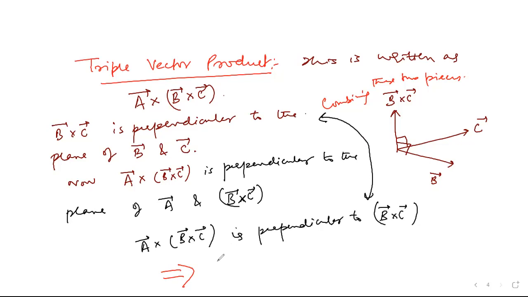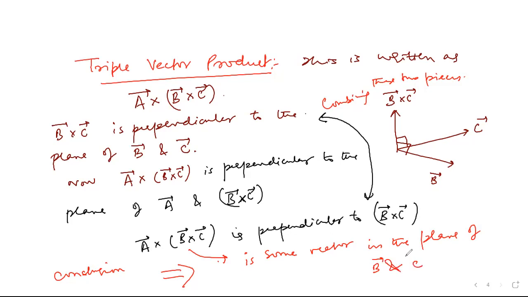So the conclusion is A cross B cross C is some vector in the plane of B and C. So you need to understand it and remember it.